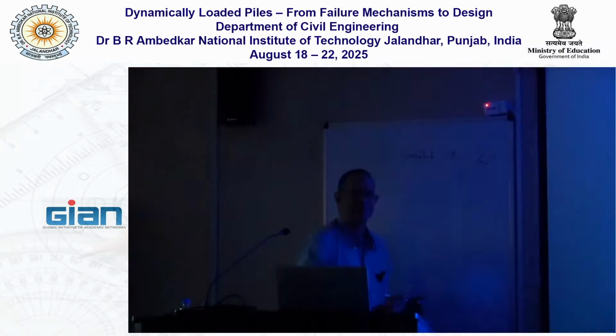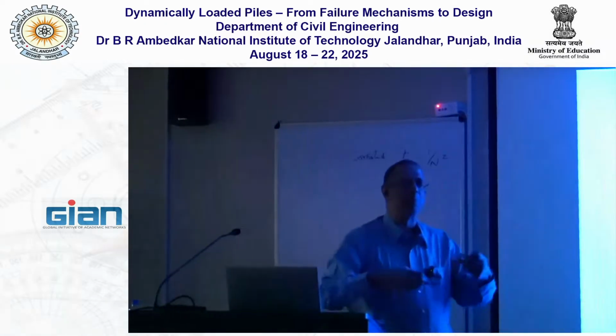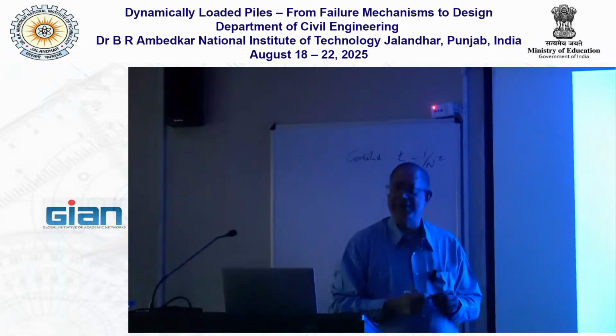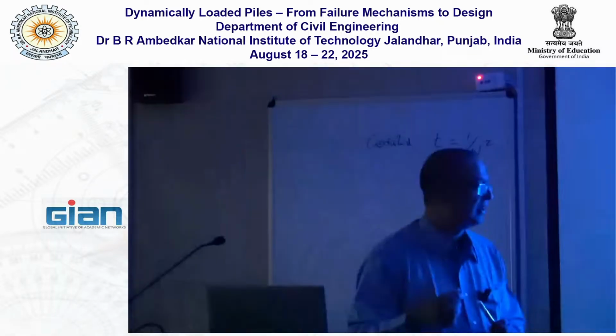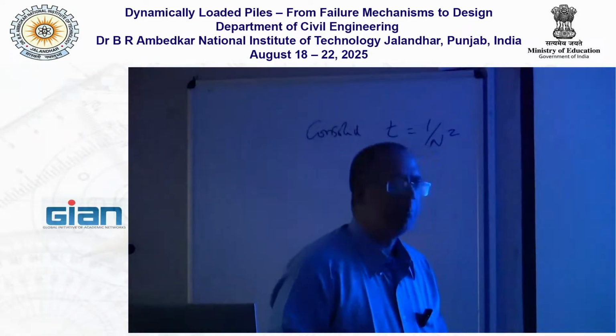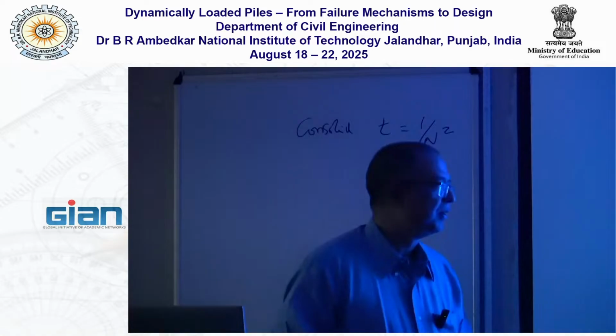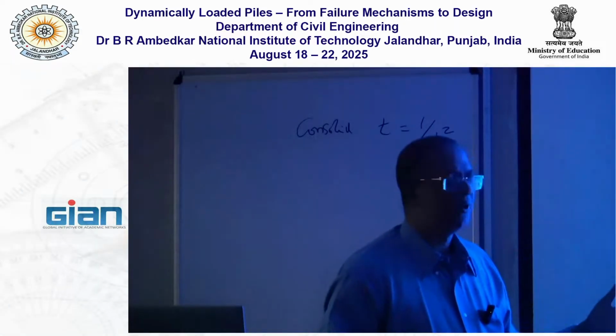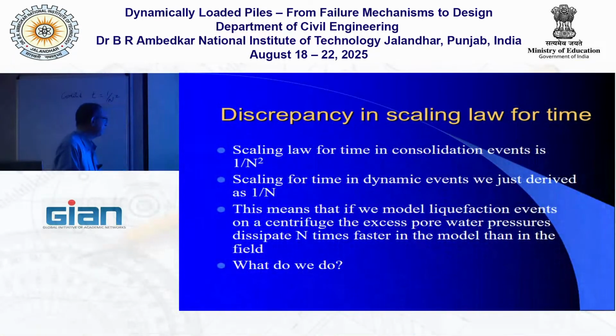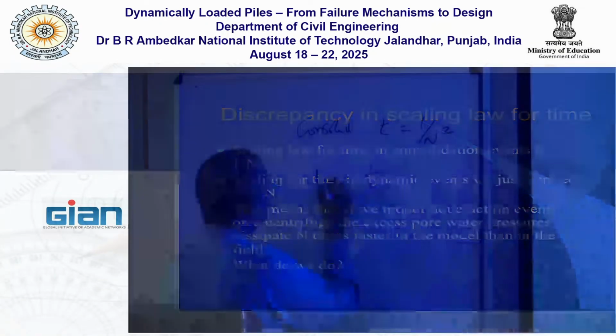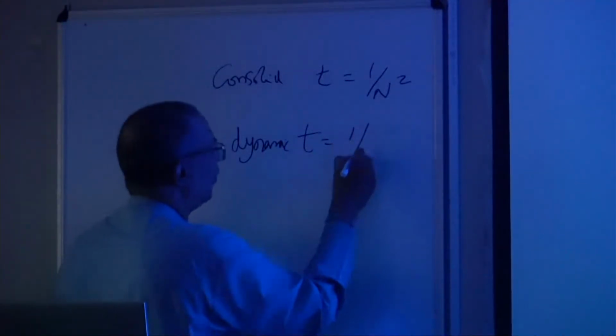Remember, I was saying it is like a time machine and we can model something that will happen in 10 years by running the centrifuge for 9 hours. But we just said that for dynamic events, the time scales as 1 over n.